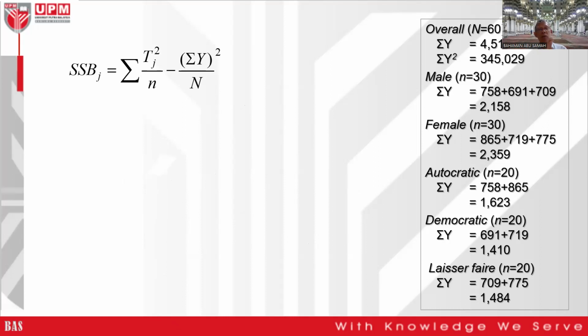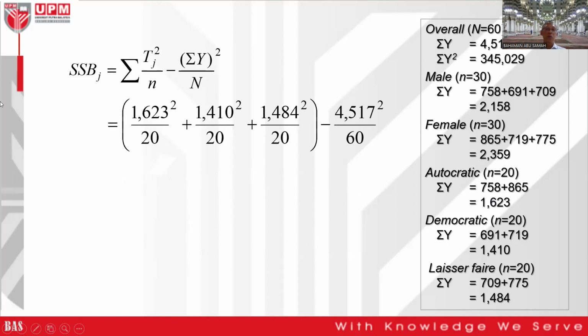For leadership style, that means we have 3 groups. Therefore, we should have 3 group totals: 1,623, 1,410, and 1,484.